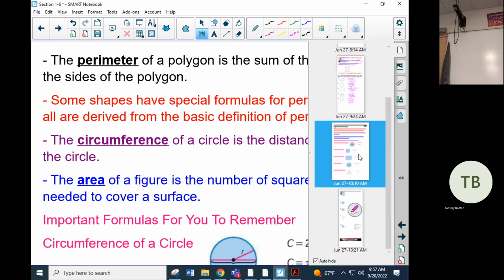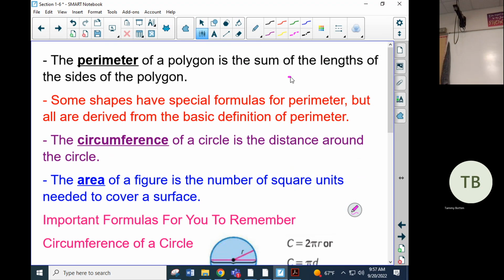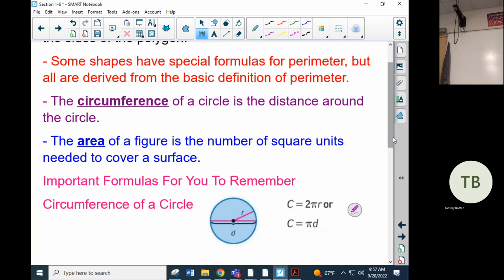So now if we go here, I think you know perimeter is just the distance around. So if you were finding the perimeter of our room, we would just go around the black floorboard here and measure it. Circumference is what they call perimeter of a circle, the distance around.